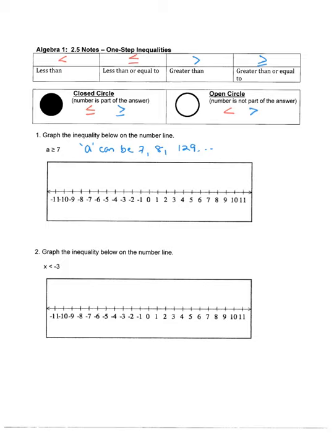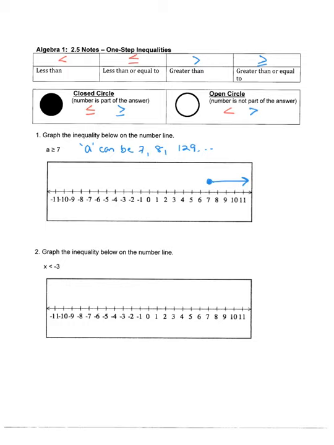Alrighty? So my recommendation to you is do this above the number line so you can keep track of things. I'm going to find 7. I'm going to draw a circle and color it in. It's a closed circle because A can be 7. And I'm going to draw a line going to the right because A can be 7 or any number greater than 7.